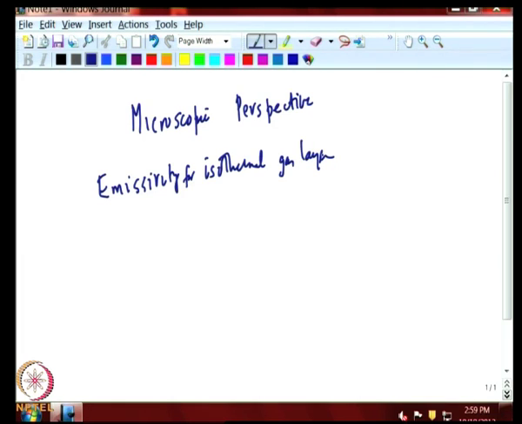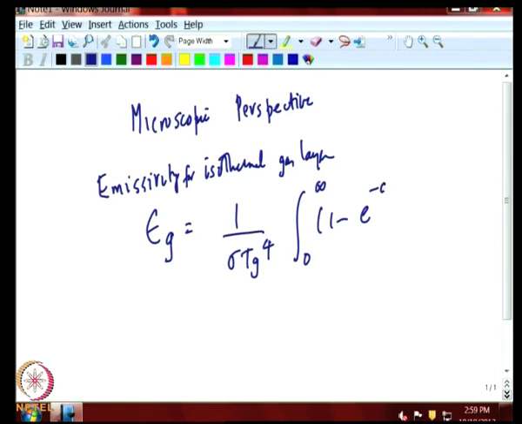And so, emissivity, as we have already defined for surface, the same logic, is 1 by Tg to the power of 4 integral 0 to infinity 1 minus e to the minus a omega L, d omega.